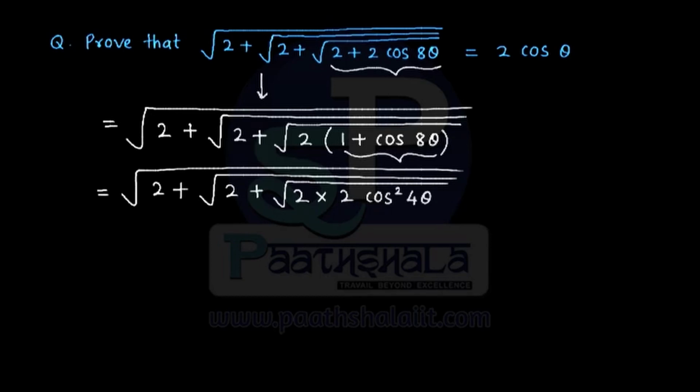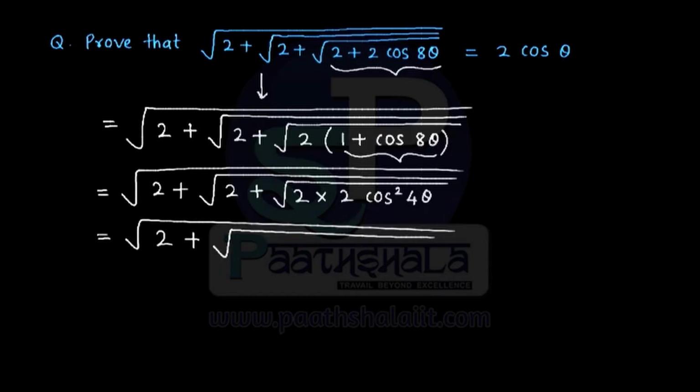You see 8 theta will get converted to 4 theta when we use the half angle formula, right? So that further equals 2 plus root of 2 plus. Now since this 2 into 2 cos square 4 theta is a perfect square, when we take it outside the square root, we will get 2 cos 4 theta. And basically the procedure will repeat.